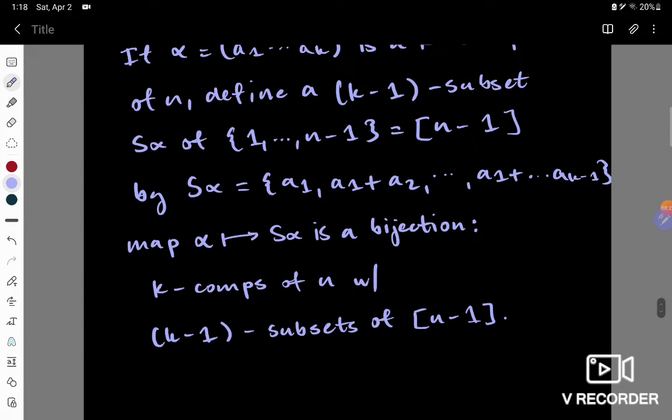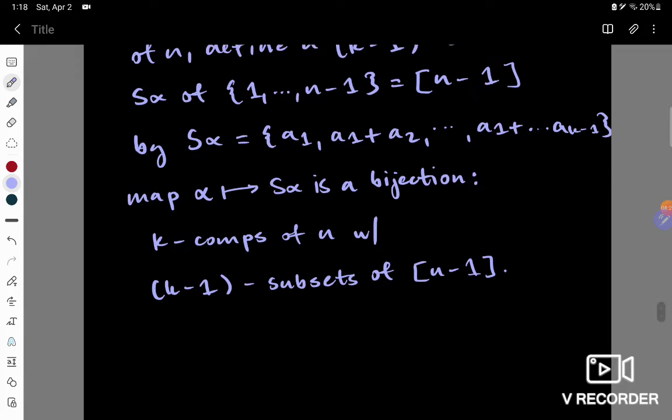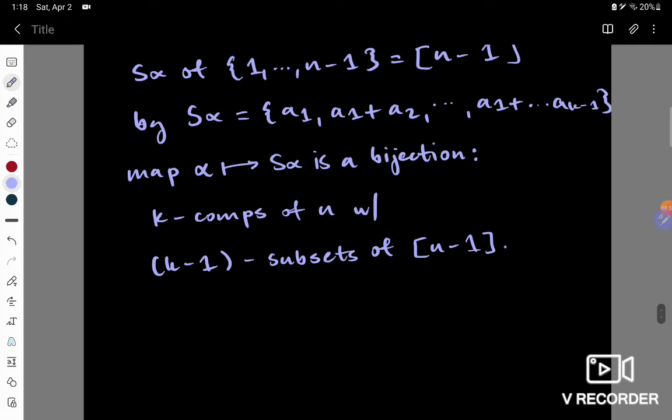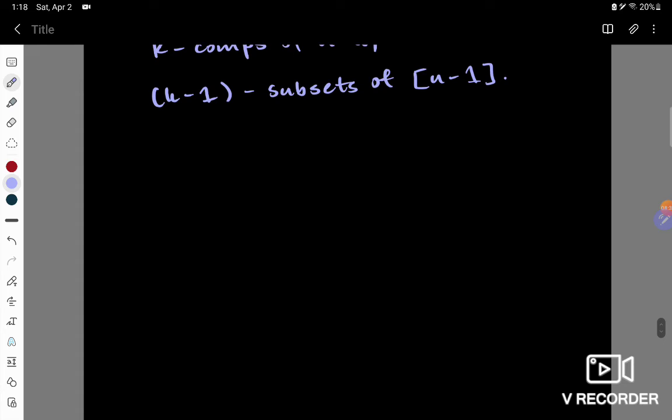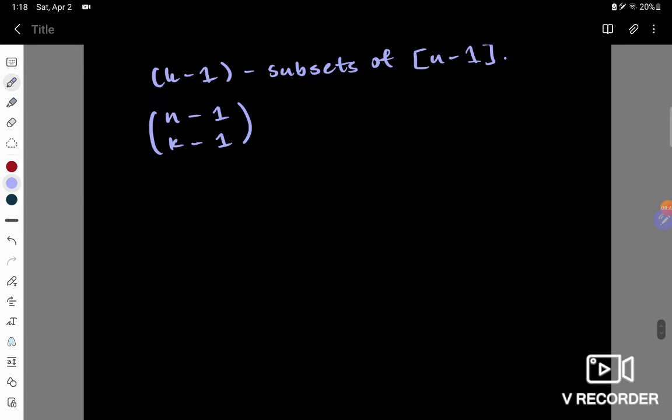From this, we can actually define a very useful explicit formula. We have n minus 1 choose k minus 1 k-compositions of n, right?